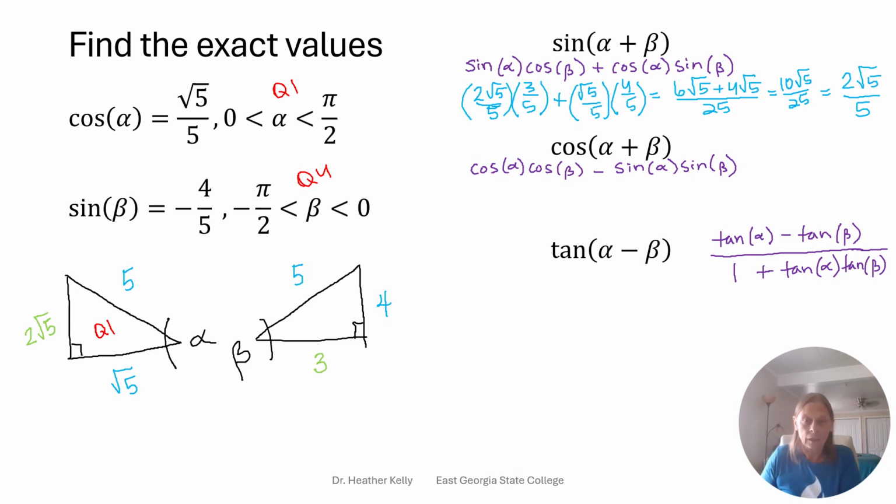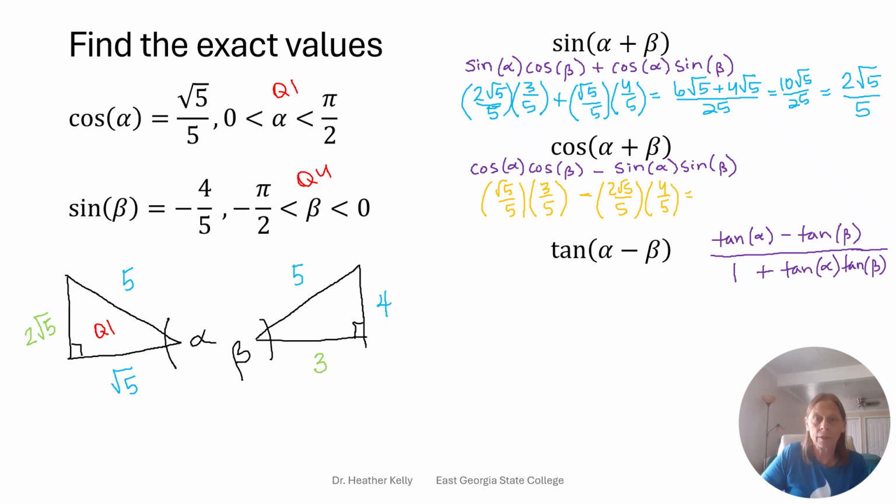Sounds good. Let's do the cosine one then. So the cosine is cosine alpha, root 5 over 5, cosine beta, 3 over 5, minus sine of alpha, 2 root 5 over 5, times sine of beta, which is 4 over 5.